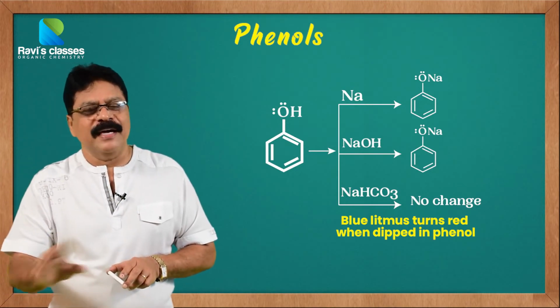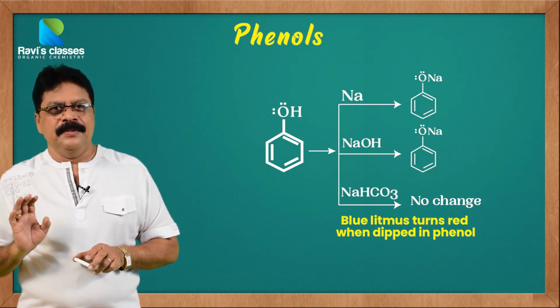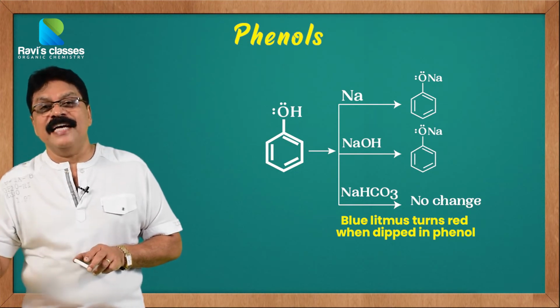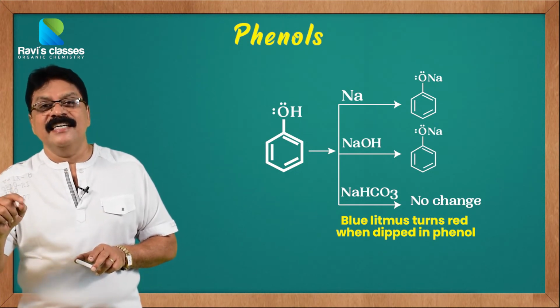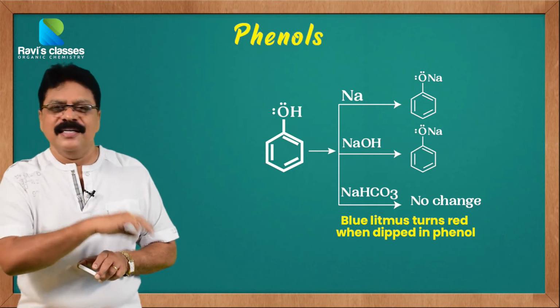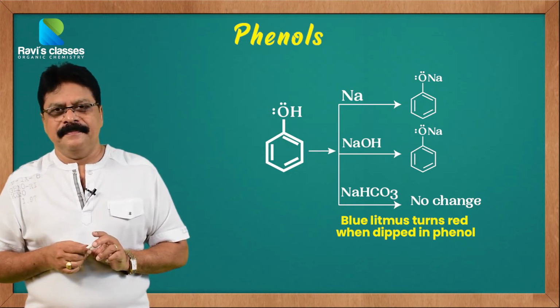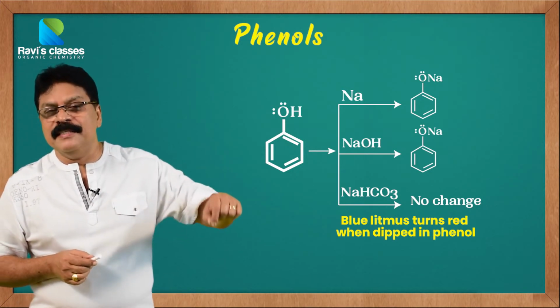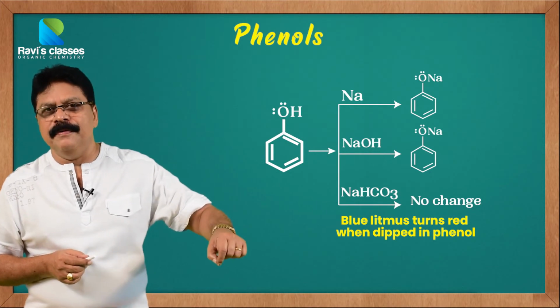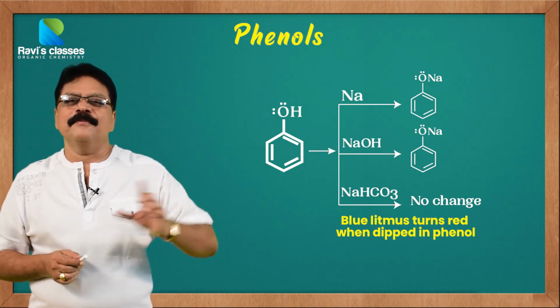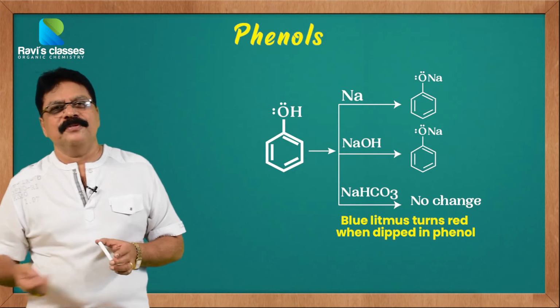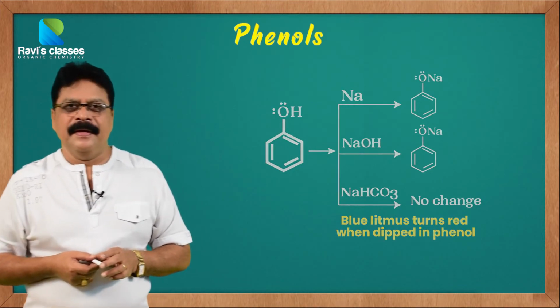So, when treated with sodium bicarbonate, there is no change. So, it can be used to differentiate phenol from a carboxylic acid, because acid reacts with sodium bicarbonate, while phenol does not. When blue litmus is dipped in phenol solution, it becomes what? Red. So, that again proves that it is acidic in nature.